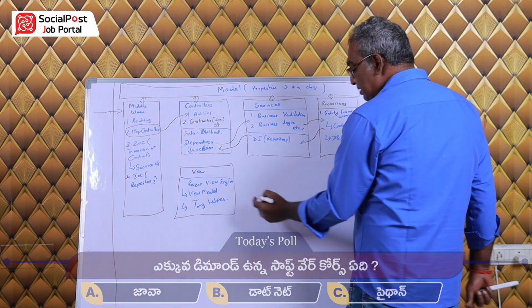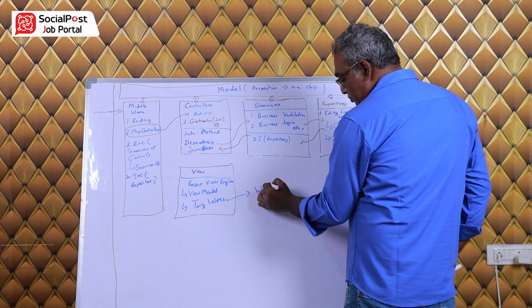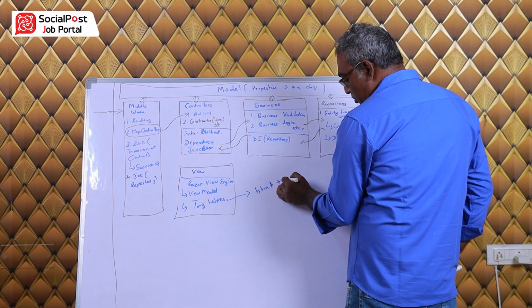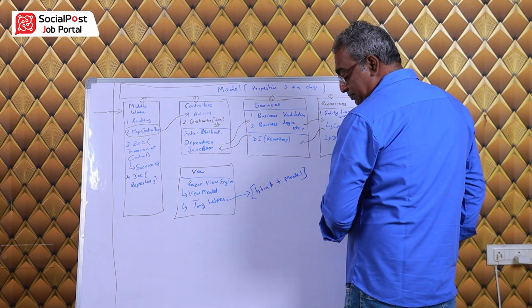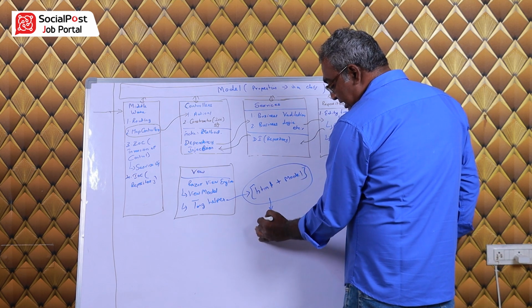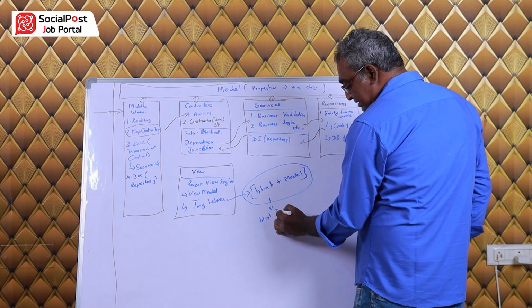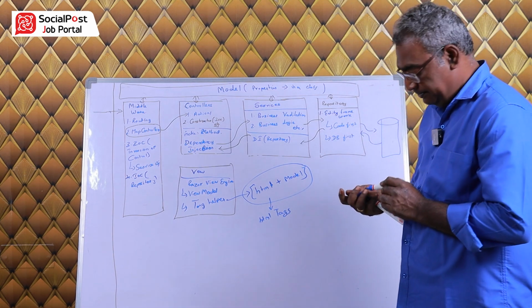What will a tag helper do? It is a combination of HTML tags plus model. This will automatically generate typical HTML tags. That is why the view model comes into the picture.